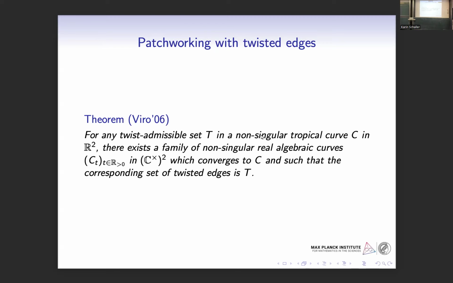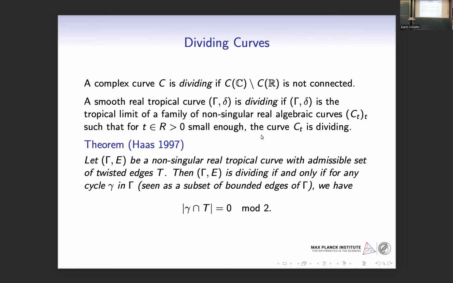So far, you might still ask yourself, why am I talking about twisted edges? I still haven't told you how we can use this to determine whether two ovals are nested or not. And this is where it's important to know about dividing curves. A complex curve is called dividing if we take the real locus of the curve away and it becomes disconnected.